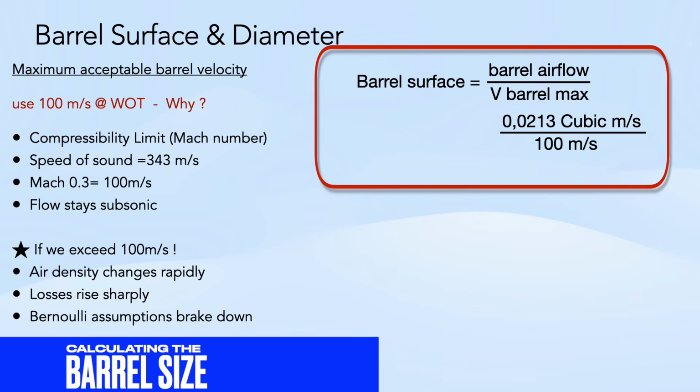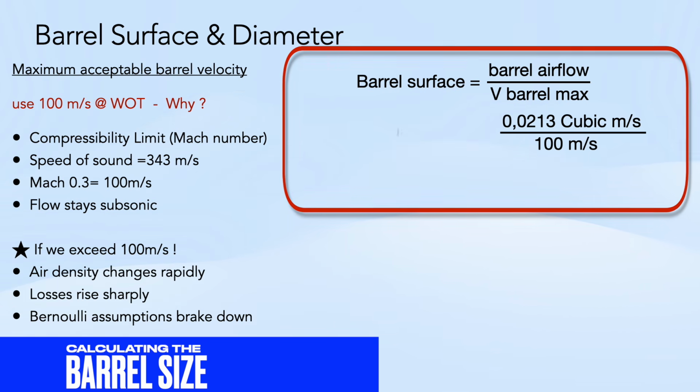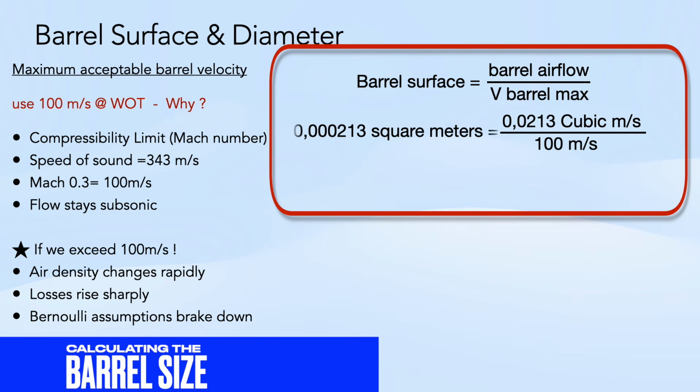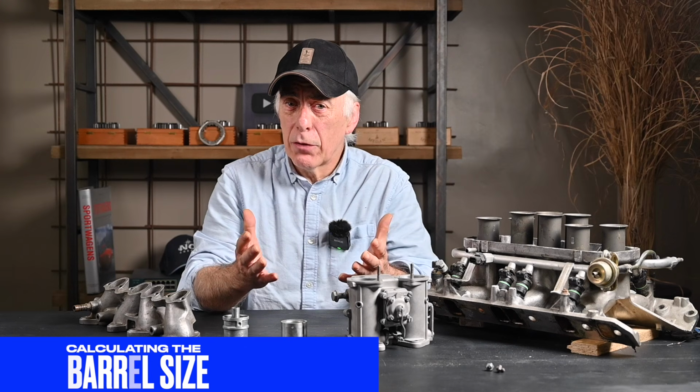I've done it in metric because when you buy a Weber or a Dellorto carburetor, it's going to be in metric, but you can convert it to imperial if you decide so. So we are getting a certain number of 213 square meters that we will then convert to square millimeters, which equates to 213. And now we know the surface of the barrel.